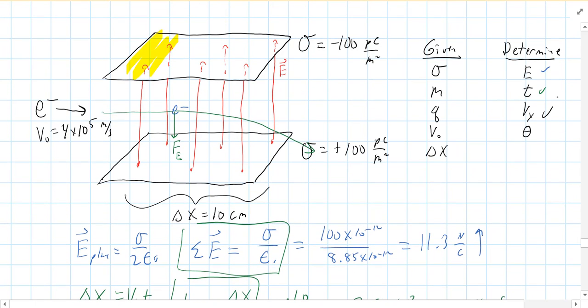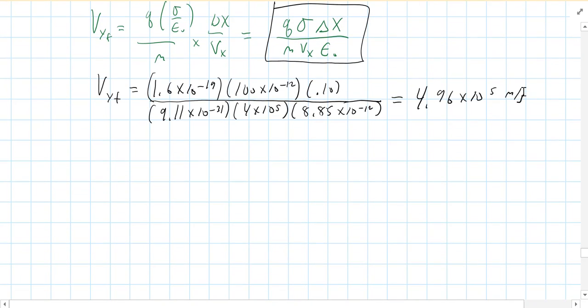So that's check. And then finally, we're asking for the angle. We know Vx is this, and we know Vy, we just found it. We're trying to find that angle. So that angle is going to be inverse tangent of Vy over Vx.